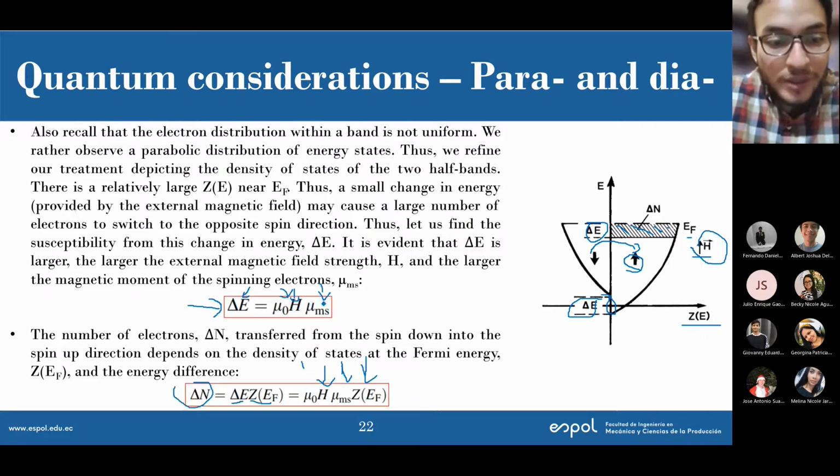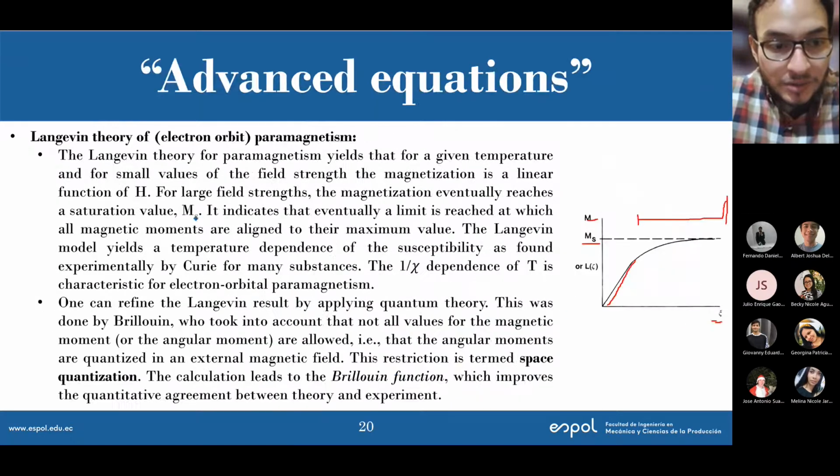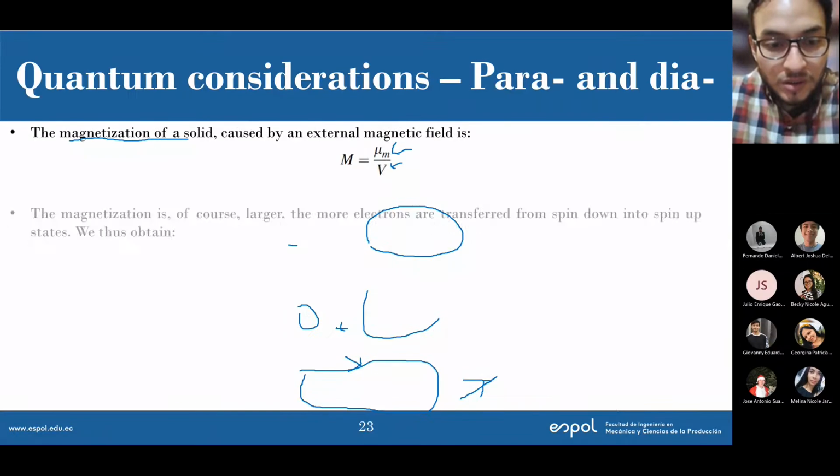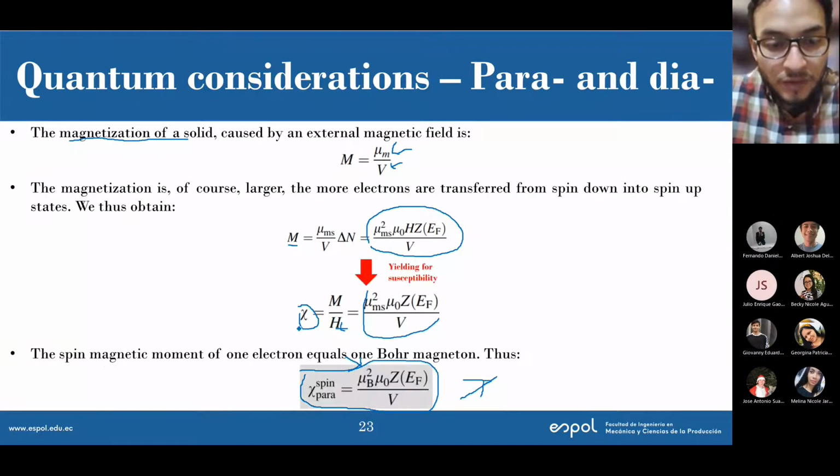For electron orbit paramagnetism, look, we have temperature. For spin paramagnetism, we do not have temperature.